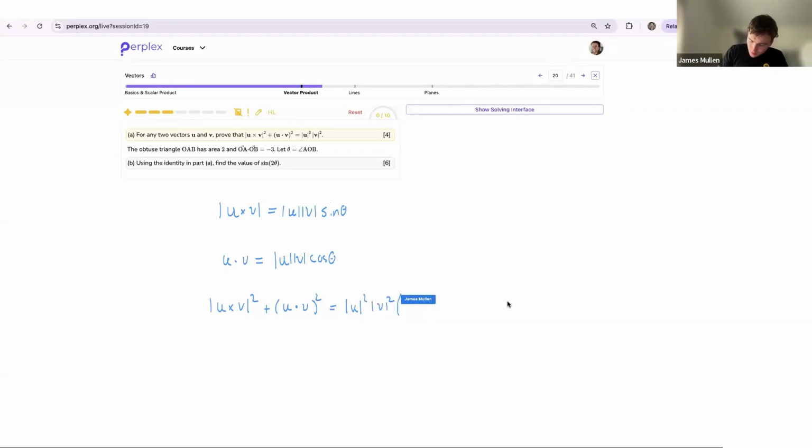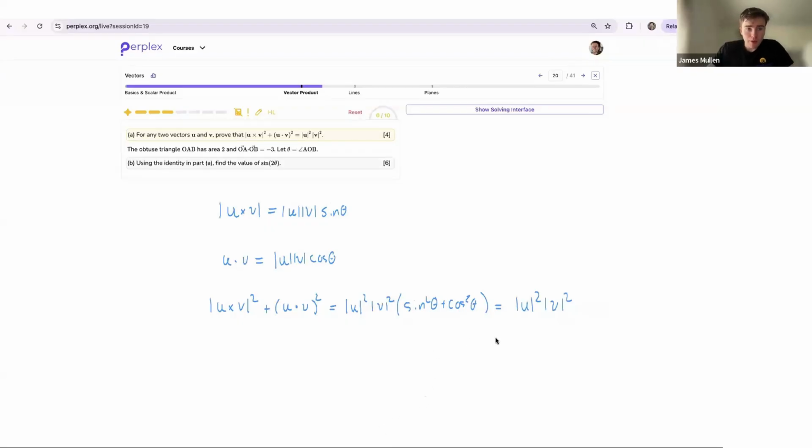The first one is going to be sin squared theta plus cos squared theta, and that is going to be equal to just u squared v squared using the Pythagorean identity. Okay, sin squared plus cos squared is equal to 1.